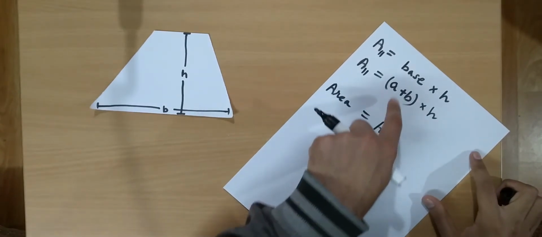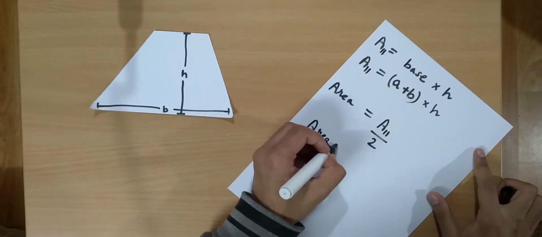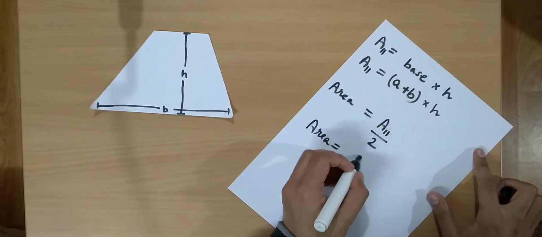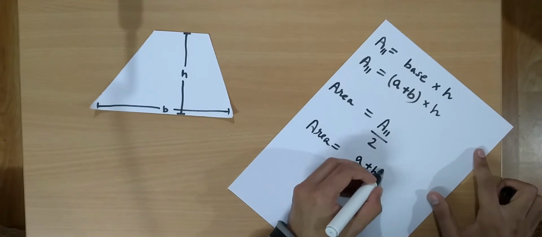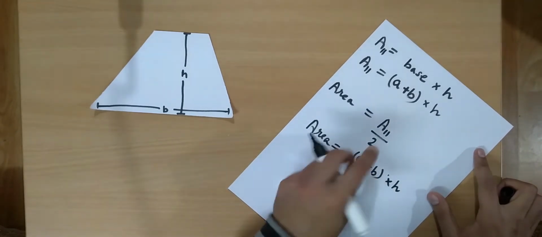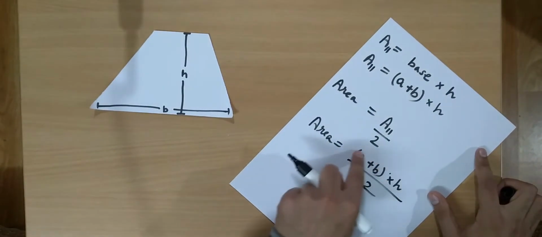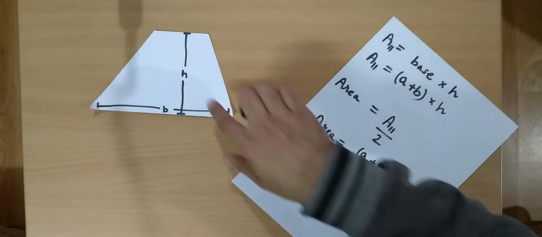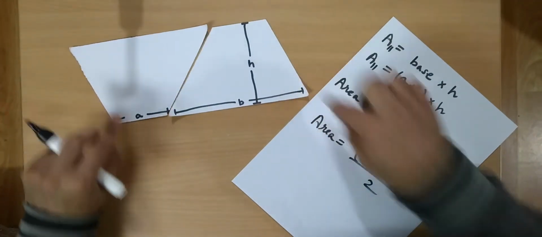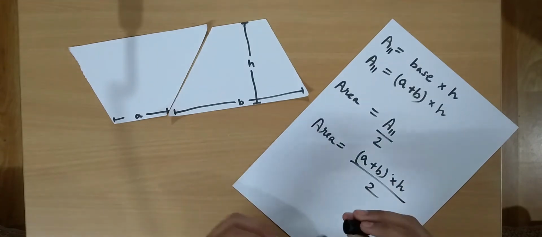The area of the parallelogram was a plus b times h, so the area of the trapezium equals (a plus b) times h, divided by 2. That is how we find the area of the trapezium.